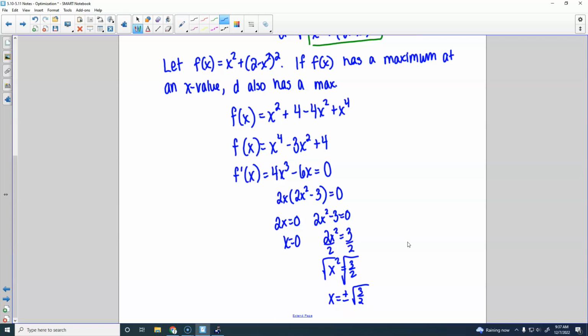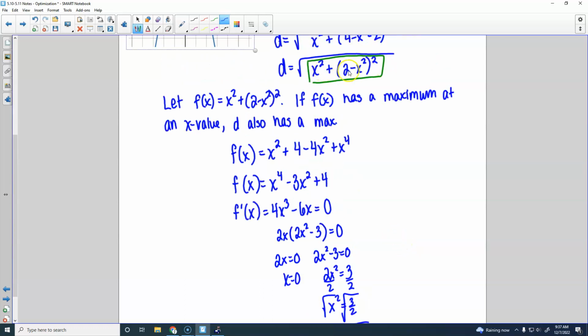Yes? Why is the derivative of f of x equal to square root of x? It doesn't equal the derivative. They're not going to have the same value. But if we have a maximum of f, that x coordinate is also going to give us the maximum of y, or of d.